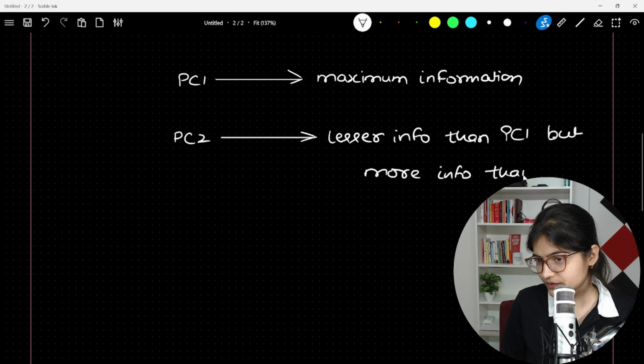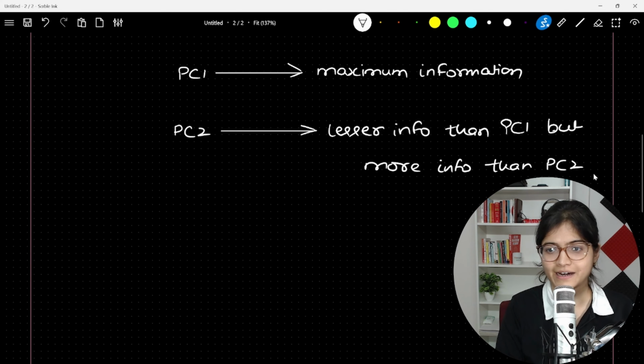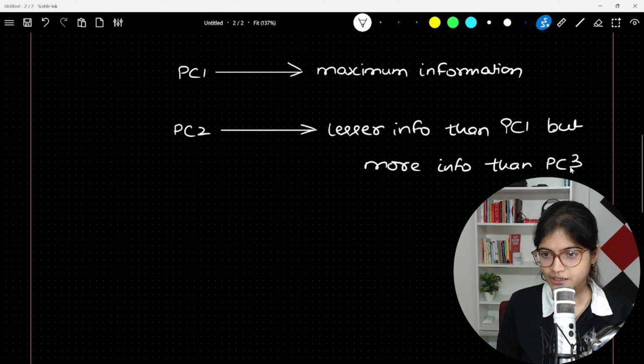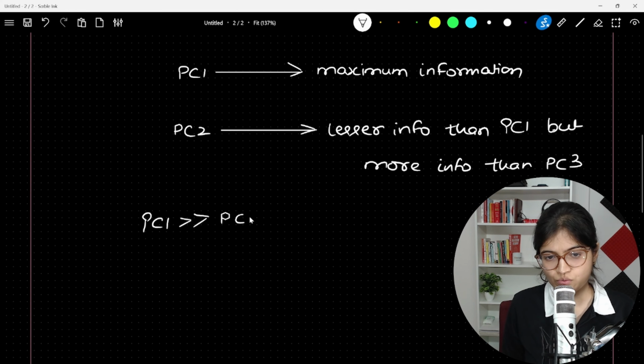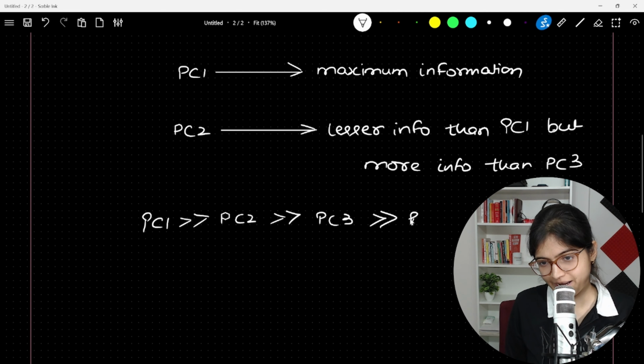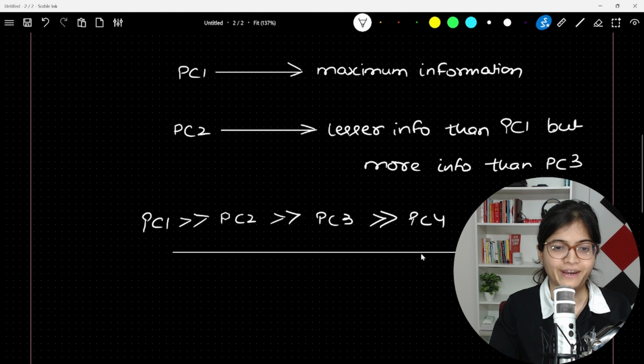So what is the meaning of this? Please try to understand, this is how the trend will go. PC1 will have the highest information, then PC2, then PC3, then PC4, depending upon how many principal components you are trying to create.